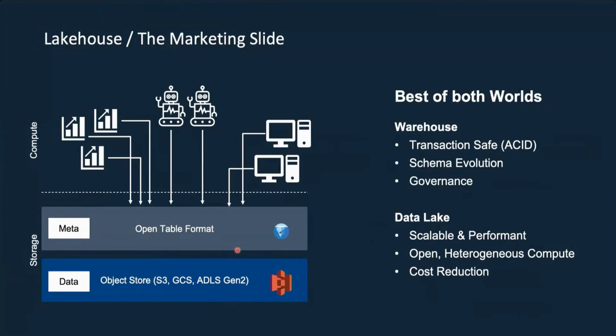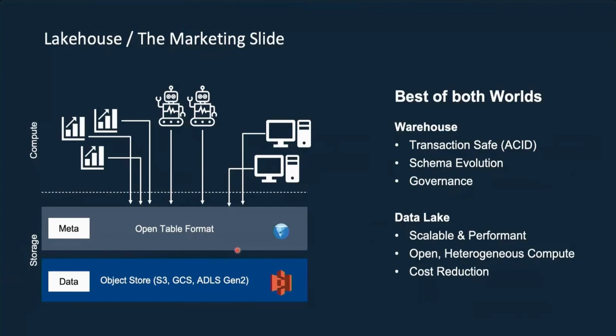We have all what we've known from a data warehouse, transaction safety, and so on, and we have everything from a data lake, especially scalable, performant access to data. So this is the basic idea of the lakehouse, right? And this is why, in 2017, Netflix and other companies started to develop these metadata layers that enable database-like access on object stores.